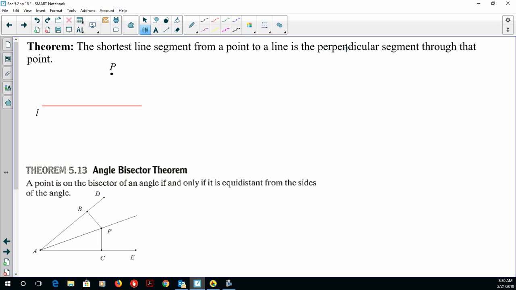Okay, so I've got a line L and a point that's not on that line. And again, I'm going to run through this kind of roughly. Okay, let me draw a line here. Oops, try that again, and I want to use a different color here.